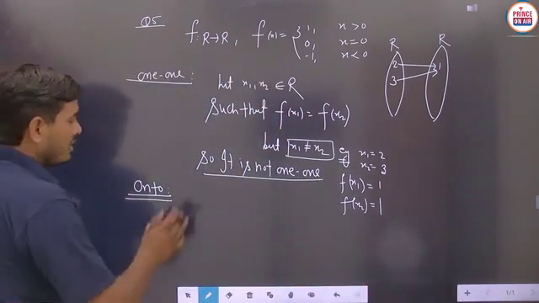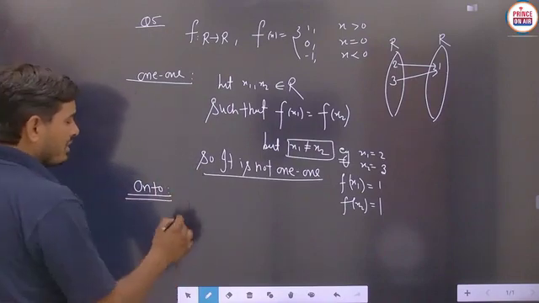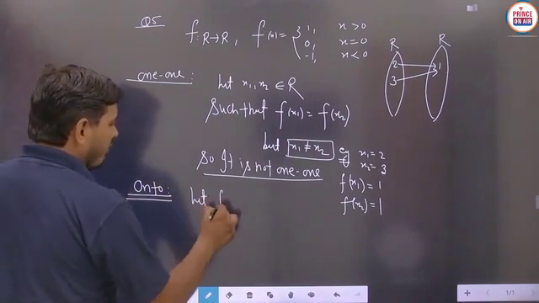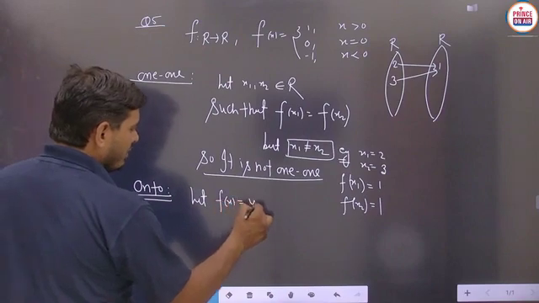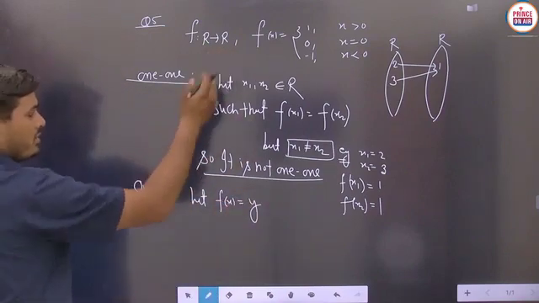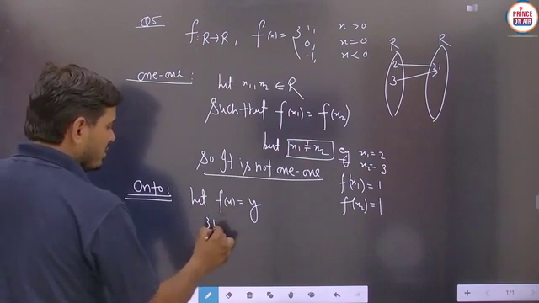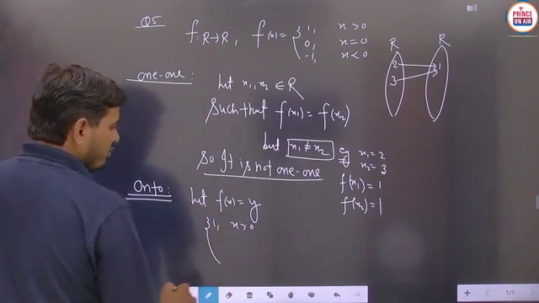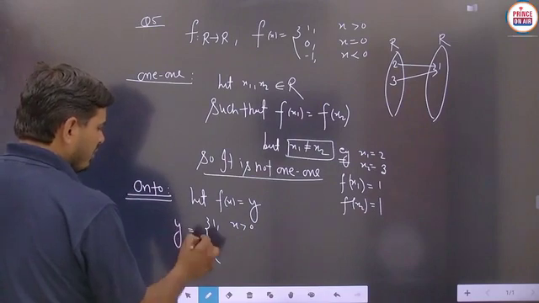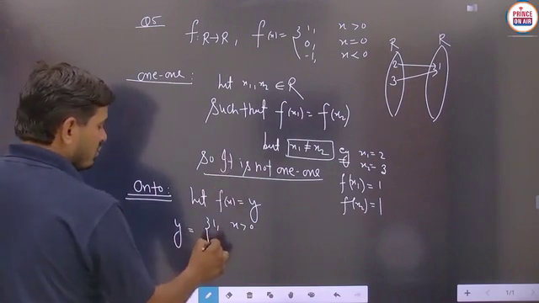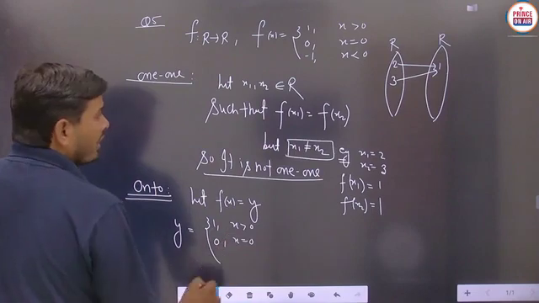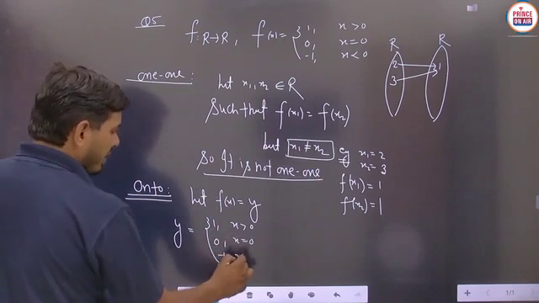So basically in this case, student, let f of x equals y. You can just see the definition of f of x: it is 1 if x is greater than 0, this is taken as y, and this is 0 for x equals 0, and minus 1 if x is less than 0.